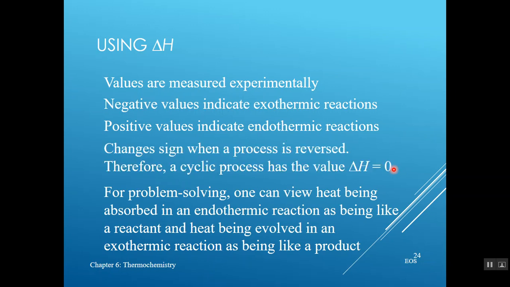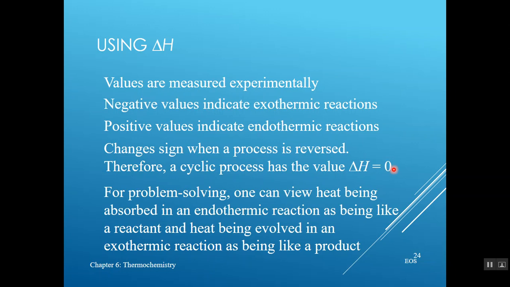And therefore, if you do a cyclical observation, in other words, if you start with a reactant in a reaction and it forms a product, and then the product goes back to the reactants, then the total enthalpy change of that process will be zero. All right? And for problem solving purposes, one can view heat change being absorbed in an endothermic reaction as a reactant.